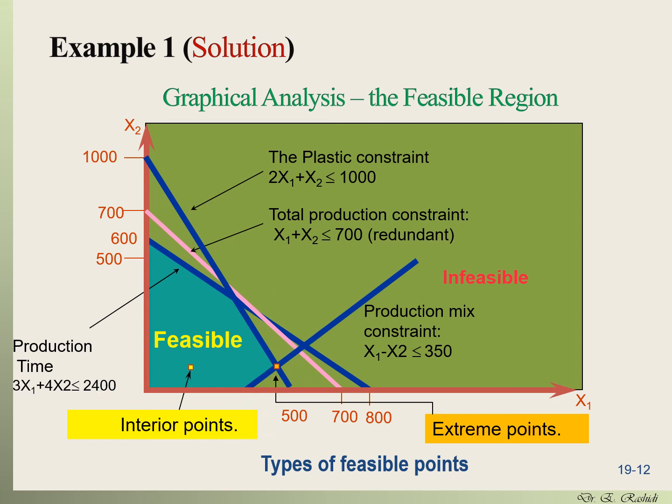But there is also another way to solve this, to find the optimal solution in this space, and that's by plotting the objective function. The objective function is 8x1 plus 5x2, and we want to maximize it.